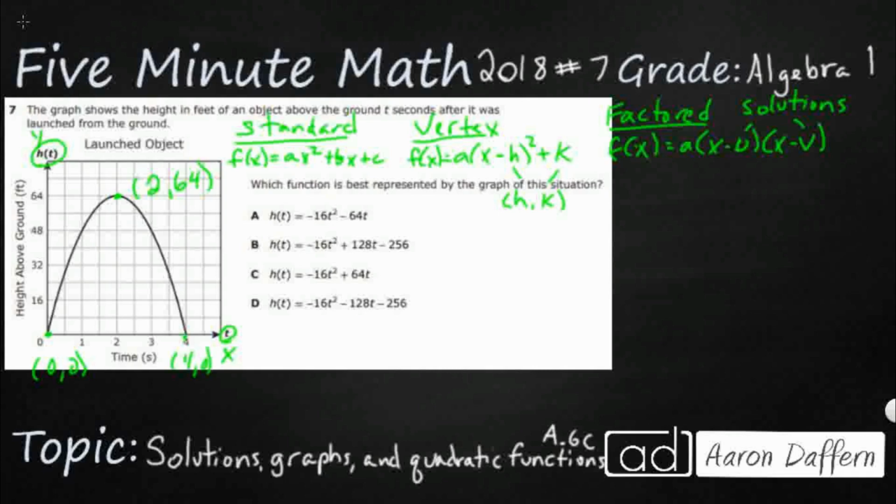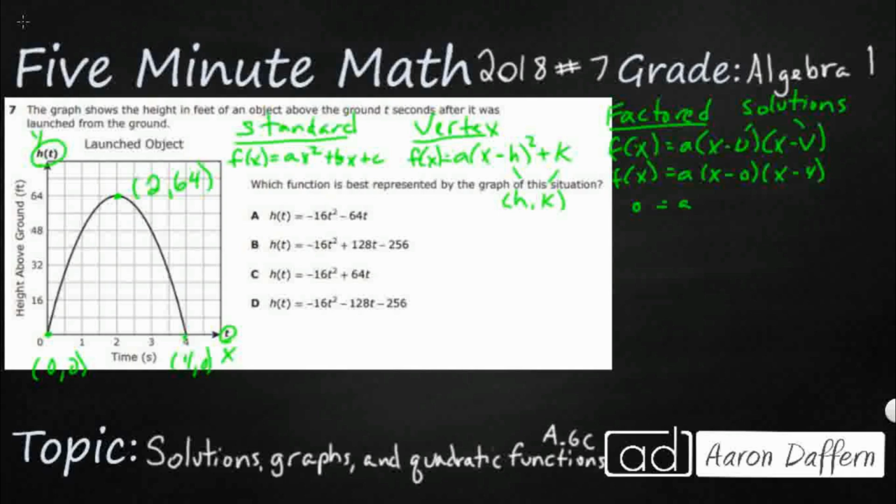So what I'm going to do is put in my x minus 0, and then x minus 4. And I know those are true when f of 0 and f of 4 are 0. All right, so we can just put that there.